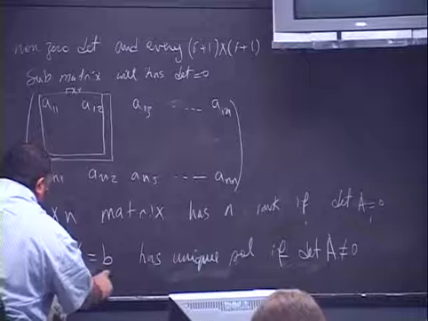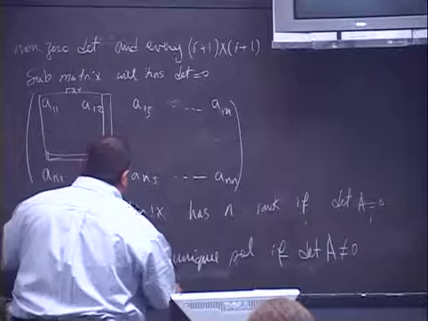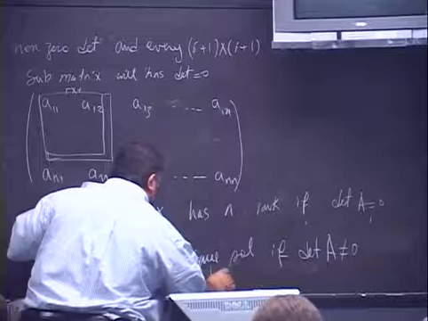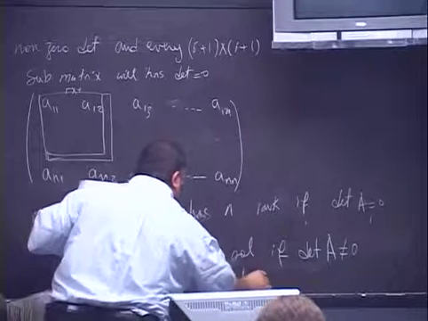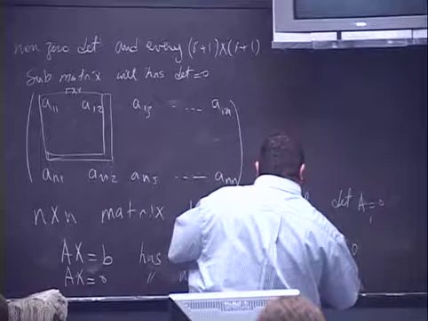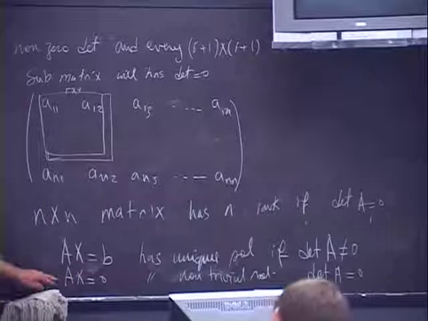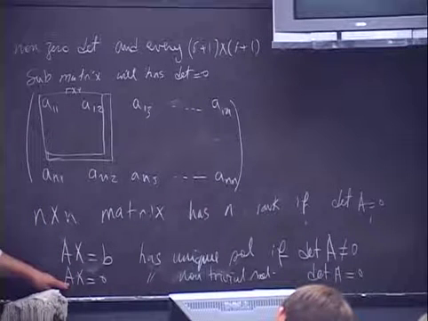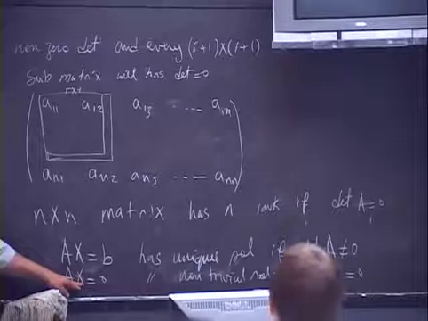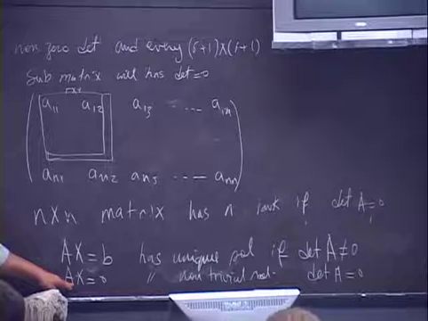For the homogeneous one, if AX equal to 0, in order to get a non-trivial solution, the determinant of A in this case must be equal to 0. Why? Because if the determinant of A is not equal to 0, X should be equal to 0, since something multiplied by something that is not 0 is equal to 0.